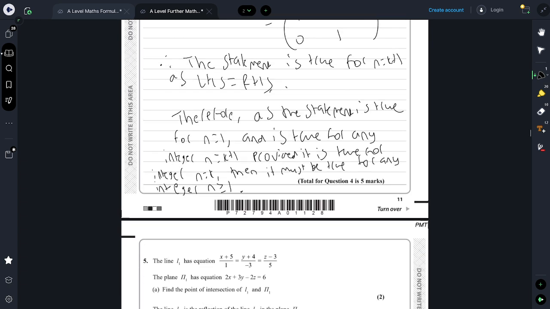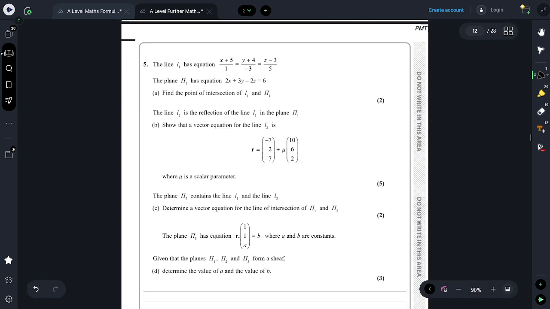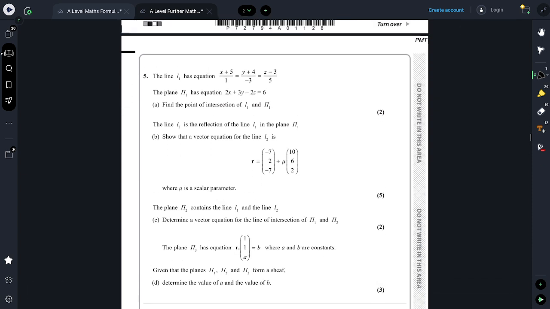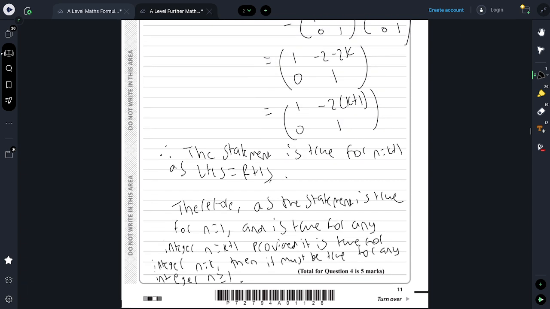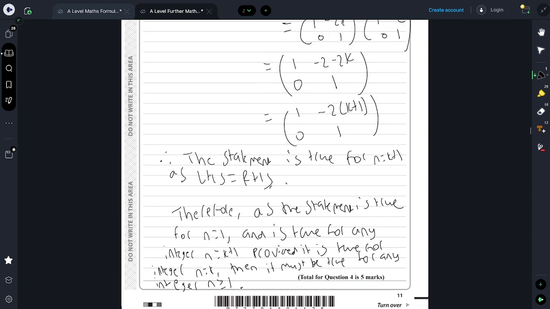Okay, I'm going to look at the last question, but it's a meaty question. I'm going to leave that till next time because it's getting late where I'm from. But yeah, so that's probably just under half the paper. But yeah, so that's the first part of this. I'm going to do the next part of this paper tomorrow if you're watching in real time. So this is part 1.